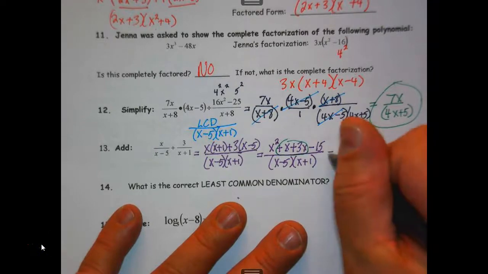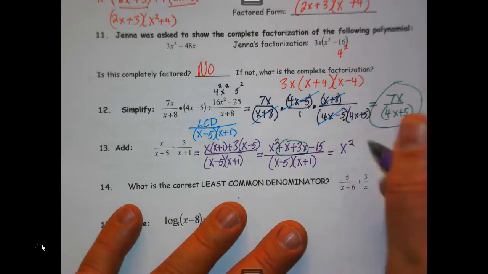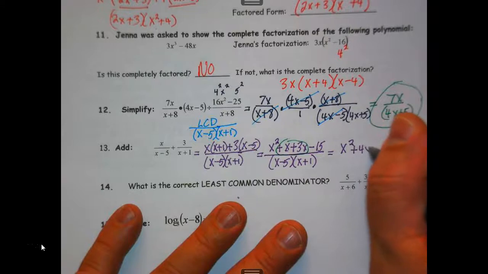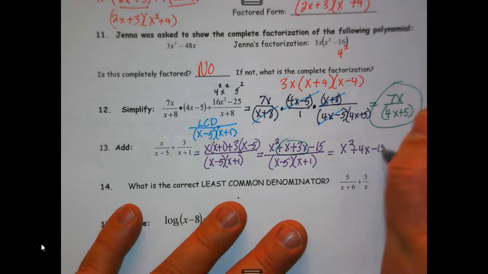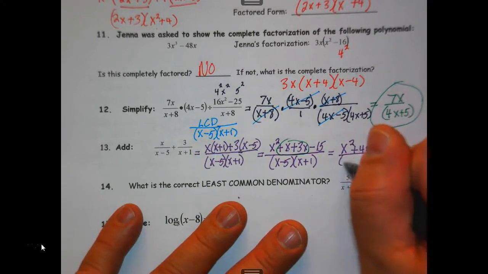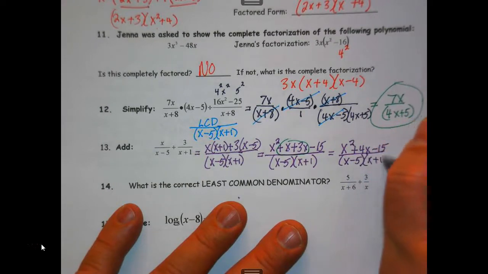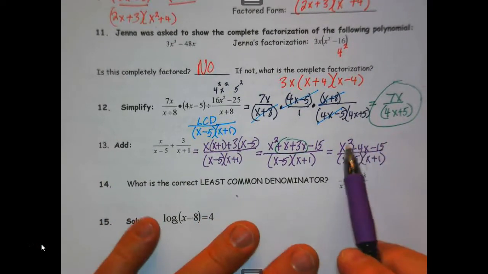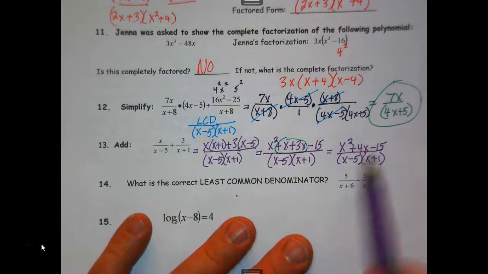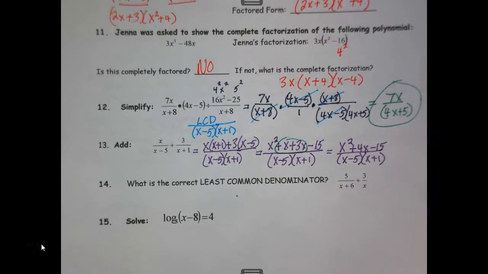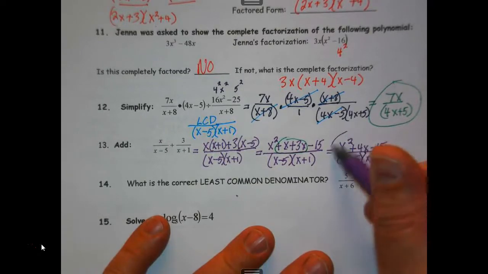So I get x squared plus 4x minus 15 all over x minus 5, x plus 1. Please make sure that you can't factor this and cancel out, which I don't think we can. So we're good.